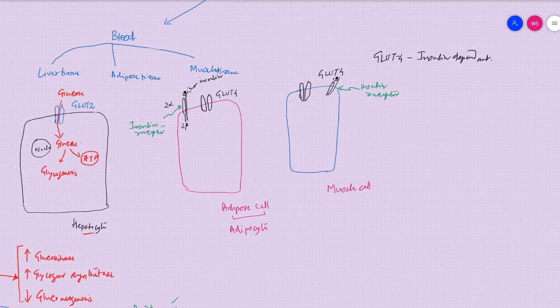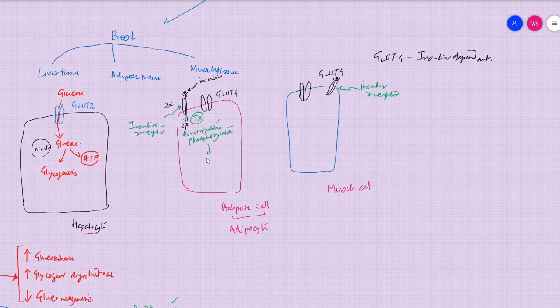It combines with this receptor, the insulin receptor, it causes the attachment of insulin to the receptor, causes dimerization and phosphorylation. Okay, because there are tyrosine kinase domains here. Okay, so there are tyrosine kinases. Anyway, there is dimerization, there is phosphorylation.